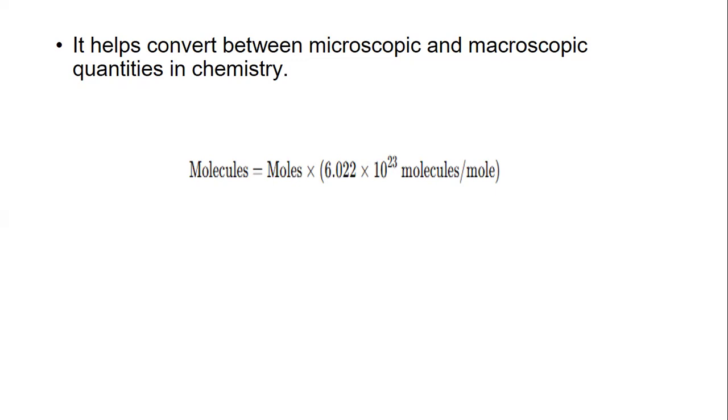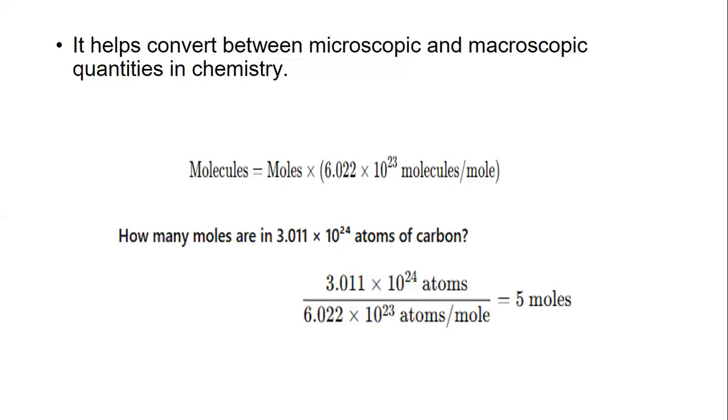We have a formula for molecules, which is equal to moles into 6 into 10 raised to power 23 molecules divided by mole. So how many moles are there in 3.011 into 10 raised to power 24 atoms of carbon?